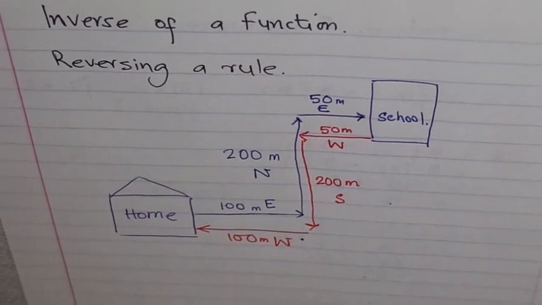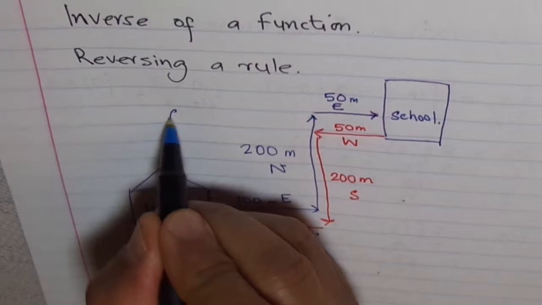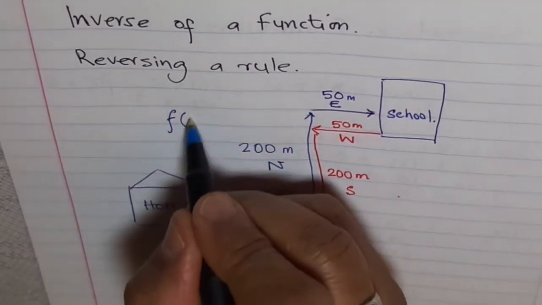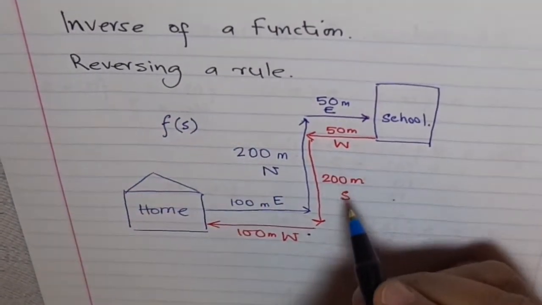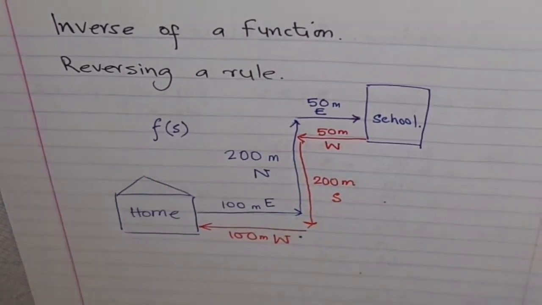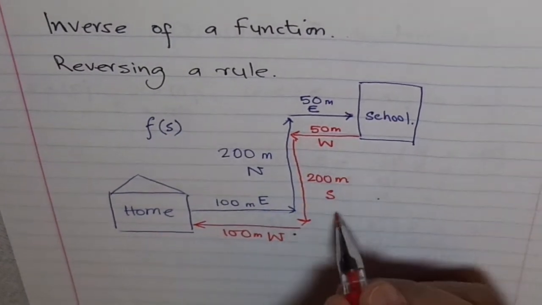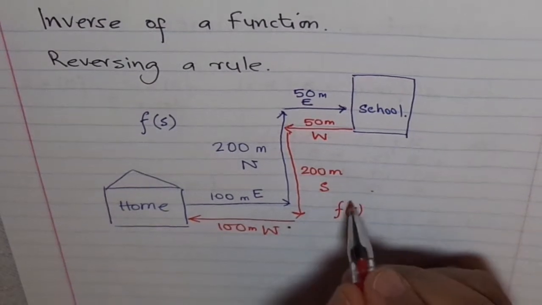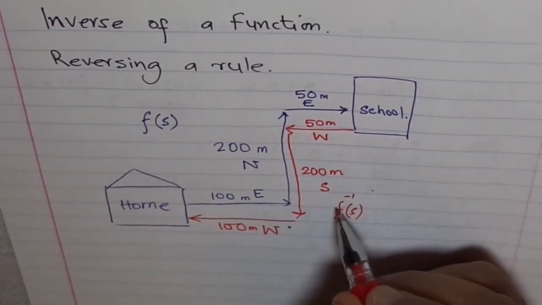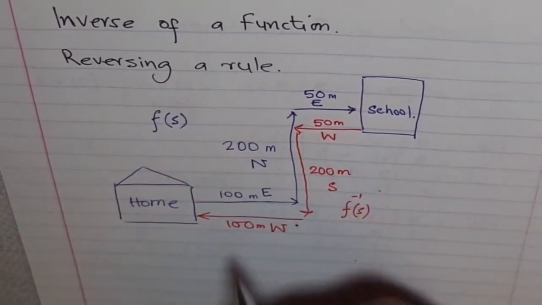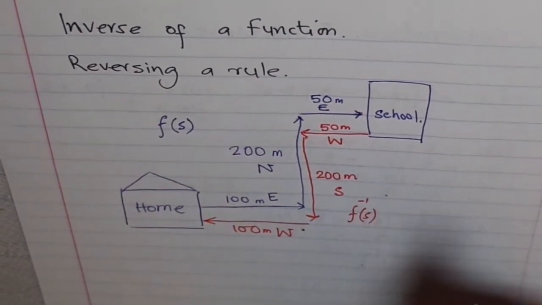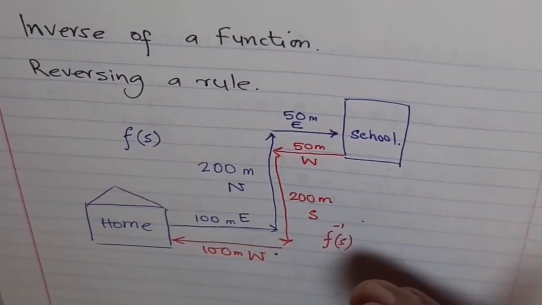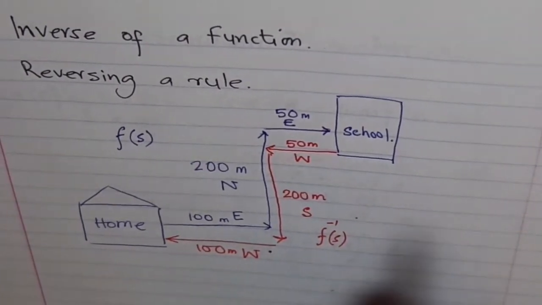So the function here gets you from home to school, and the inverse of a function gets you back from school to home, which we'll write in function notation as f inverse. You see, we actually reverse the operations and the directions to get back home.